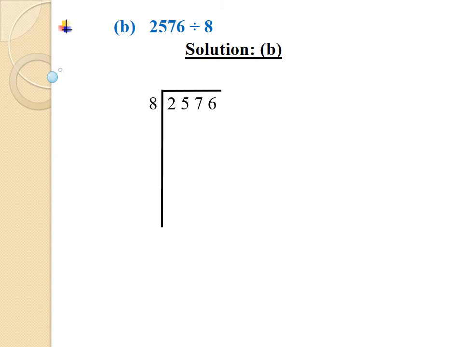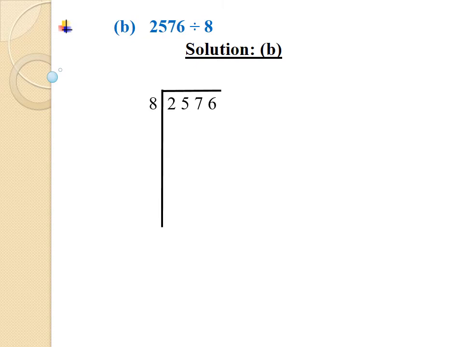Students, we know that while dividing, first of all, we have to compare dividend with divisor, and we have to start dividing from left to right. In this sum, on left hand side, 2 is given, which is smaller than divisor 8. So, at a time, we have to take 2 digits, that is 25.